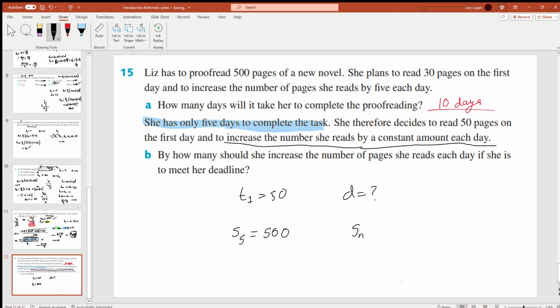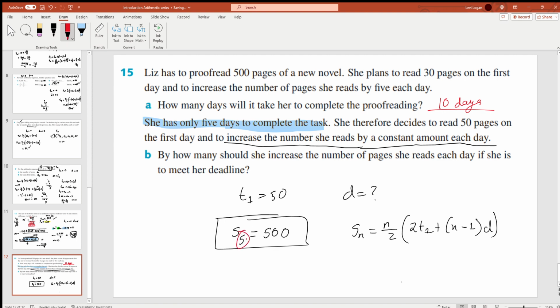So S of n is n on 2 multiplied by 2 times the first term plus n minus 1 times d. What this means is, her deadline is 5 days, but she has to read 500 pages of a novel. So in the next 5 days, the total number of pages she needs to read is 500 because S means sum.